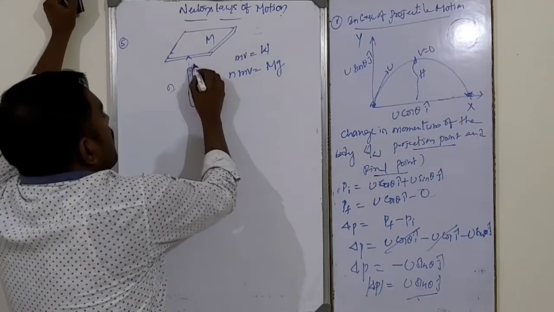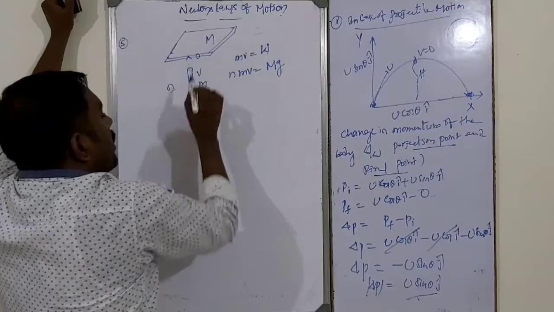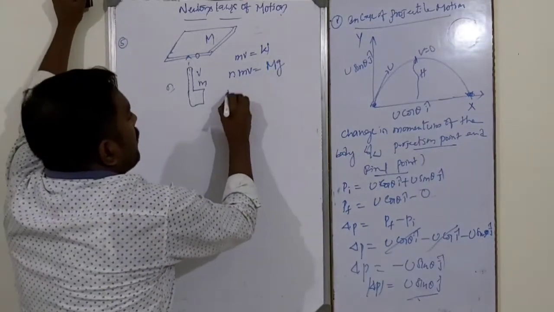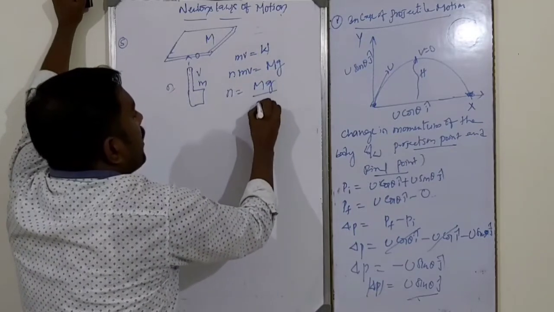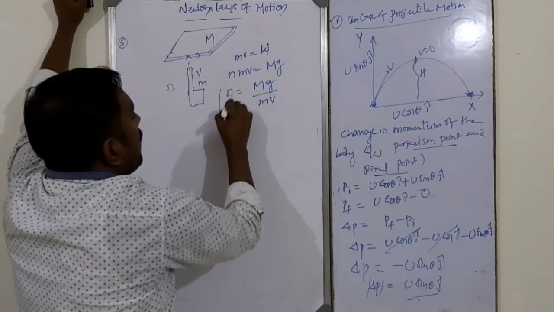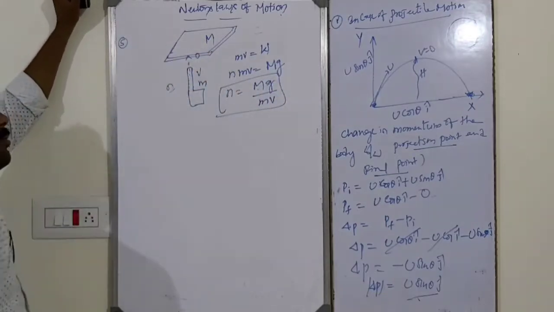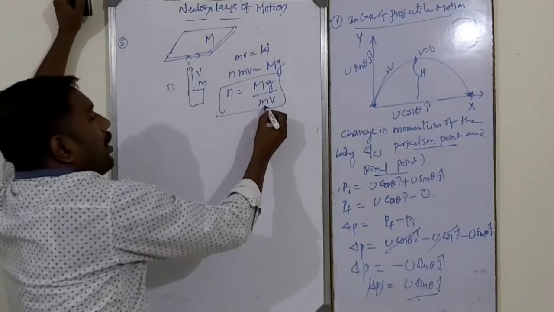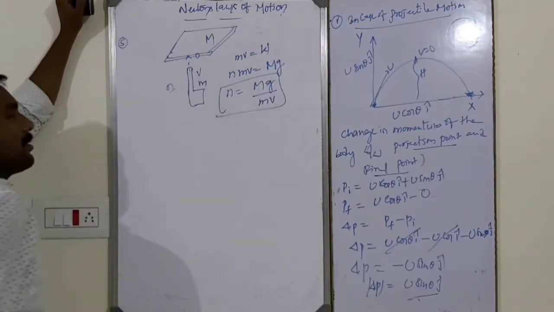Now in this case, after firing, the bullets penetrate or immediately come to rest. Simply, the number of bullets fired by the gun is nothing but Mg by mv. Here capital M is the total mass of the metal plate, g is gravity, small m is the mass of the bullet, and v is the velocity of the bullet. So this is one of the cases.